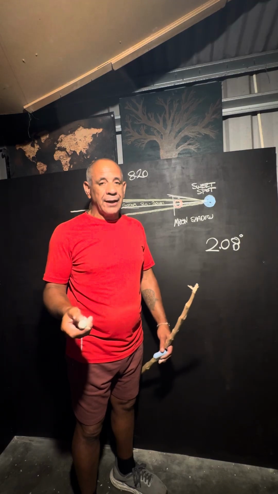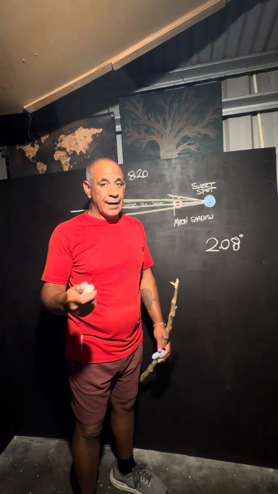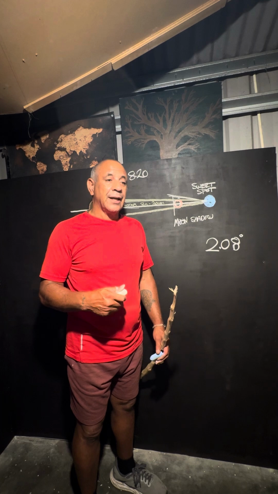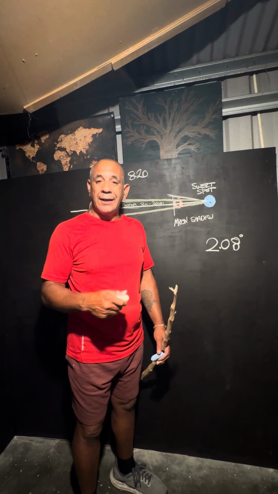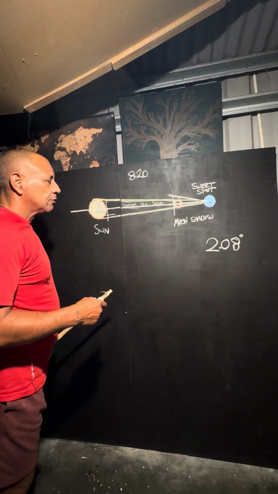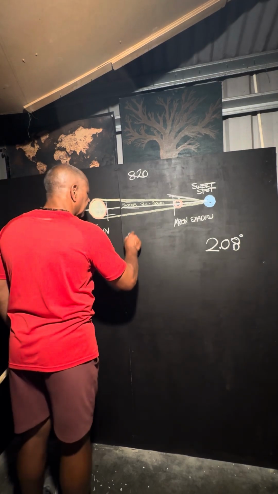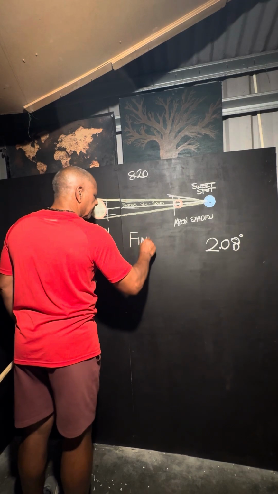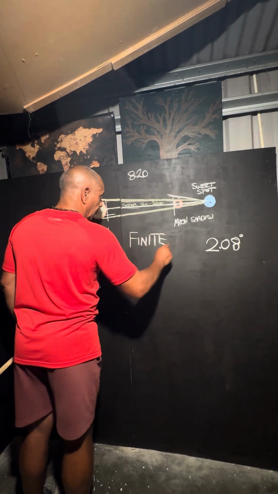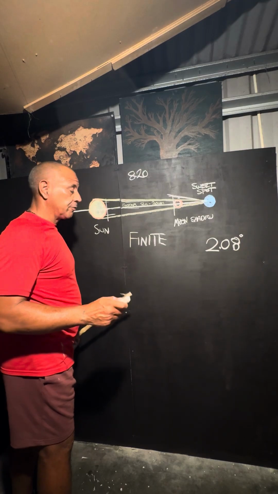Guys, it cannot be. It is a paradox. What you have, finite light, Mickey Mouse finite light, I'm afraid, and it's obvious, okay? This is very obvious.